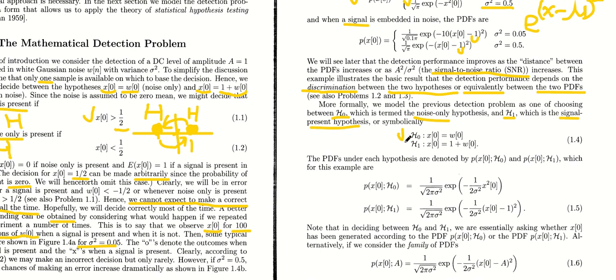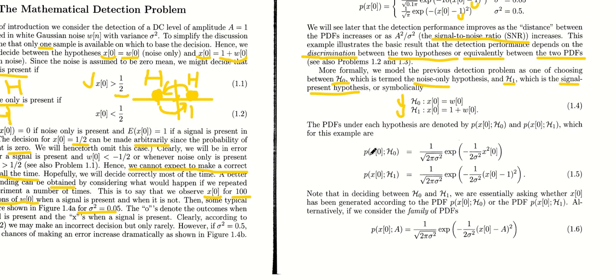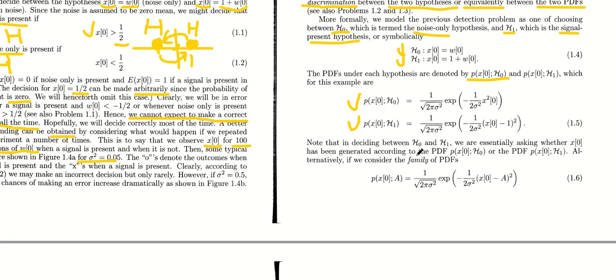The PDFs under each hypothesis are denoted by the probability of X0 conditioned on H0, and the probability of X0 conditioned on H1, which in this example are something like that. So that is the probability density distribution, PDF.